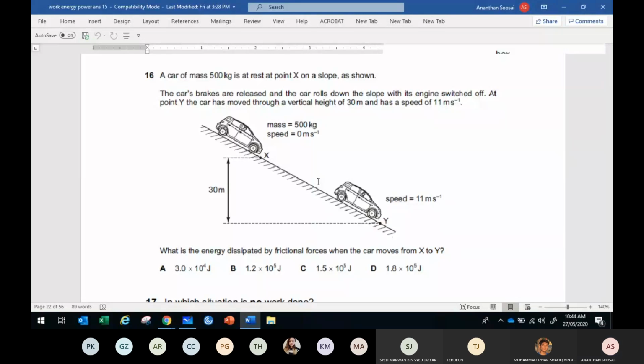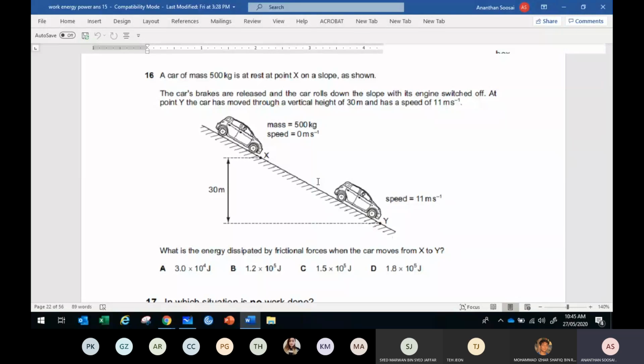So does the car have thrust? The engine is switched off, so no thrust, and the work done by the thrust is 0. Is there a gain in EP? Yes, there is a gain in potential energy, but it is negative, because it's going down. In the formula, you must put the gain in EP as negative.